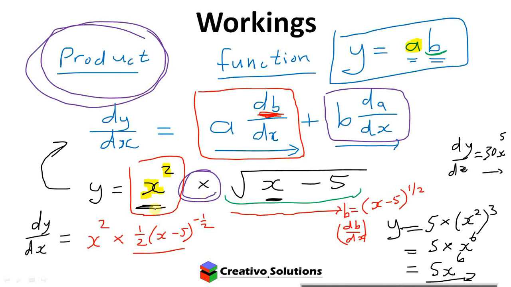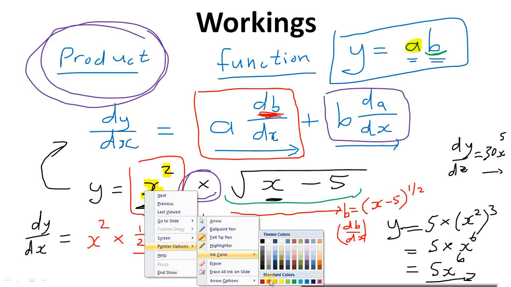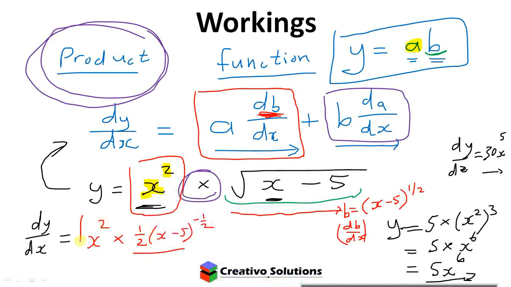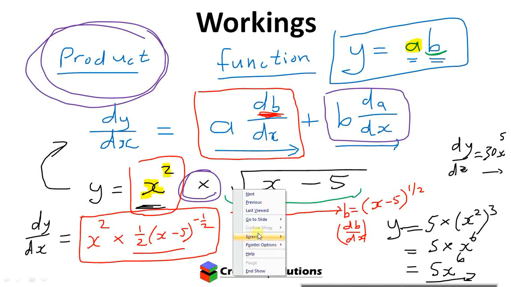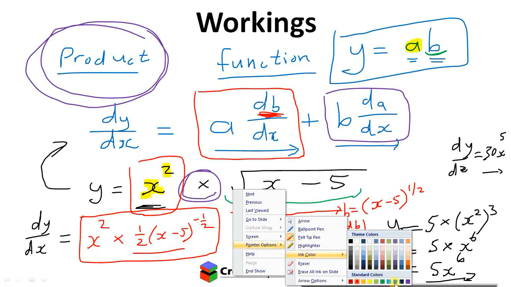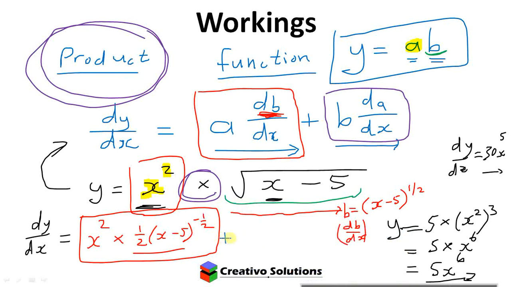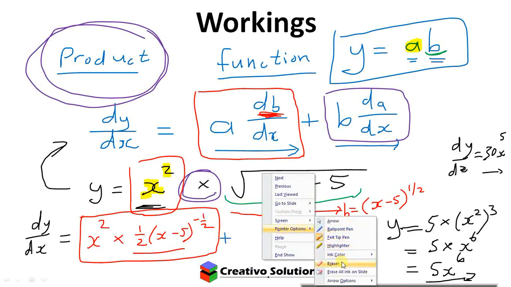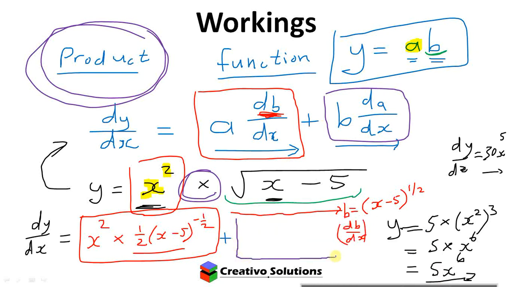Okay, so you've got this part, that's the red part. Let's put a red bracket around it, just to differentiate. That's the red square. Now we've dealt with the red square. The rule says add, and then let's do the purple square. In order to get the purple square, I need to write down the b. What is the b? Root x minus 5.